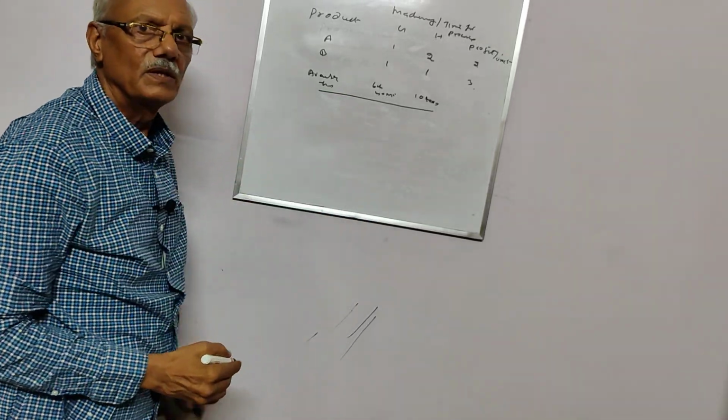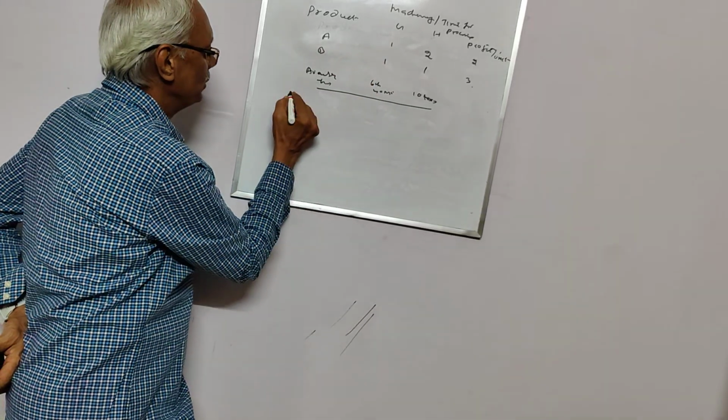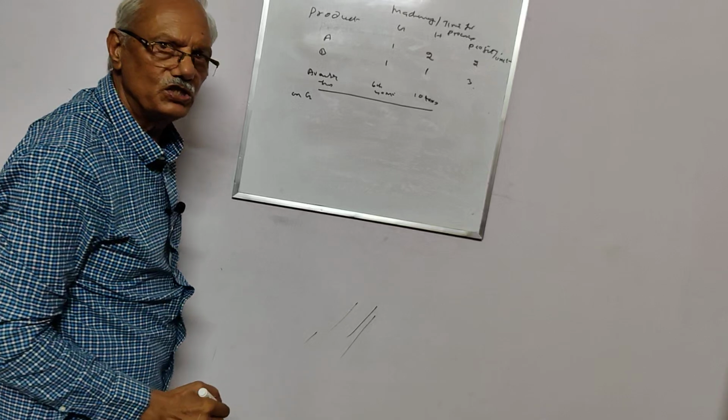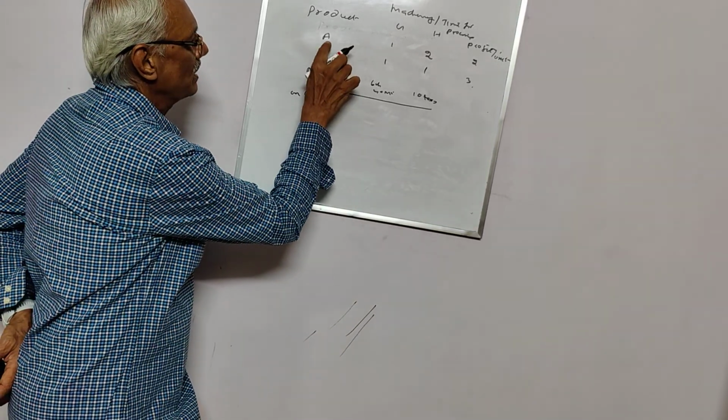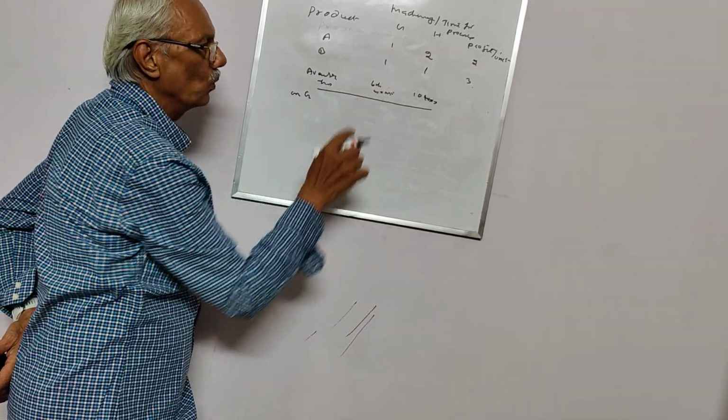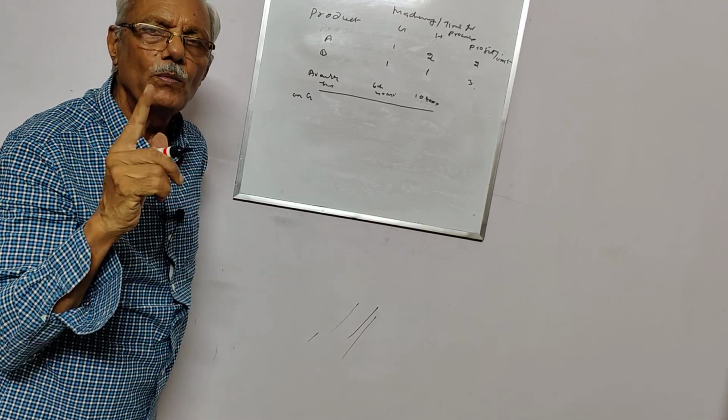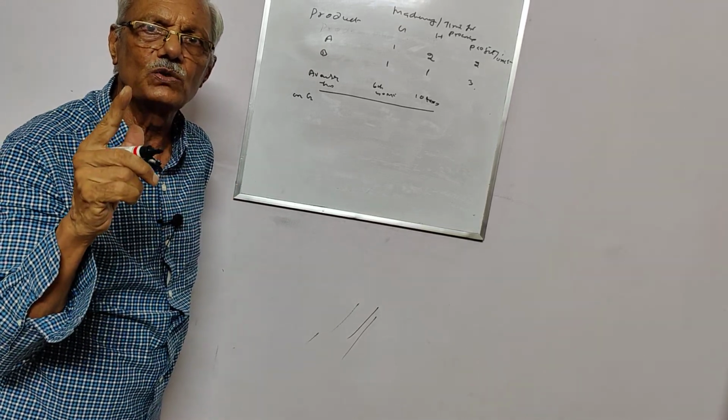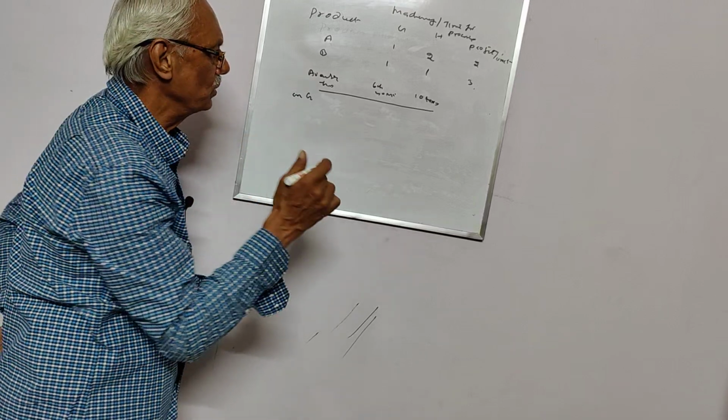Now let me come to G. On G, for type A it takes 1 minute. How many units of A are we supposed to produce? x1 units.